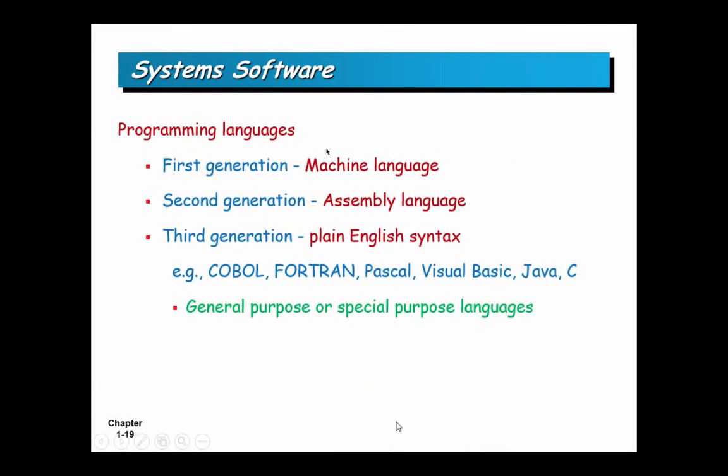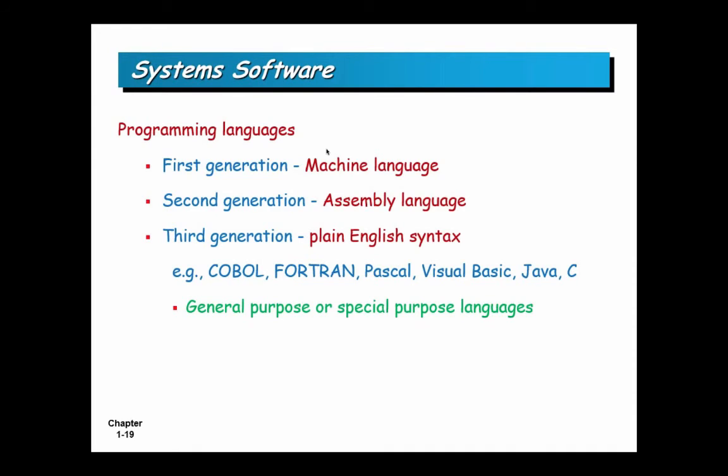Okay, so the very first generation of programming languages were written in machine language. Essentially, you wrote the object code. So these first computer guys, and women, were really smart because they had to write in zeros and ones.